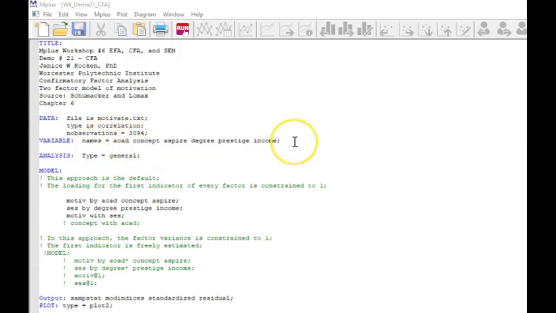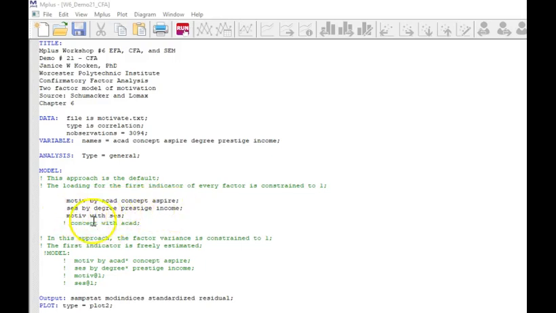Okay, so here are the names of our variables. Analysis type equals general. So the first approach we're going to be doing is the default, and that is the loading for the first indicator of every factor is constrained to 1. So remember, with a confirmatory factor analysis, we have no metric. So we have to define a metric by which to allow the model to calculate all the coefficients. So our model is motive by academic, concept, and aspire, and SES by degree, prestige, and income.